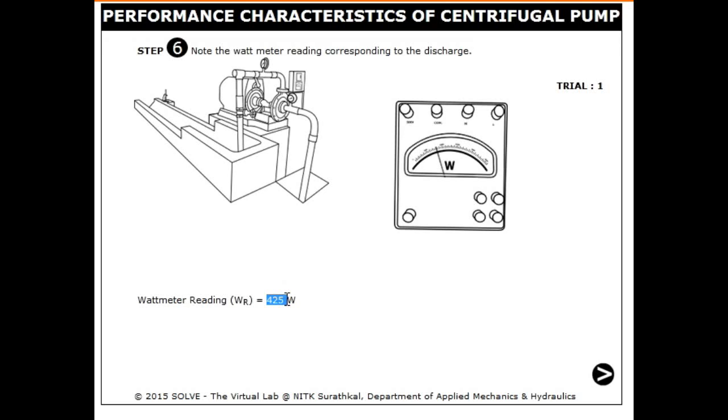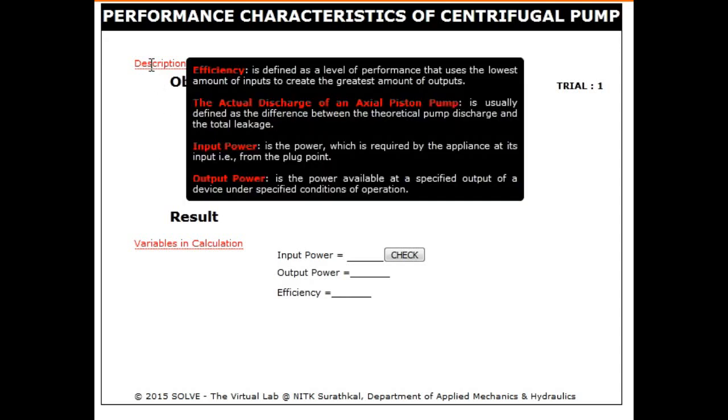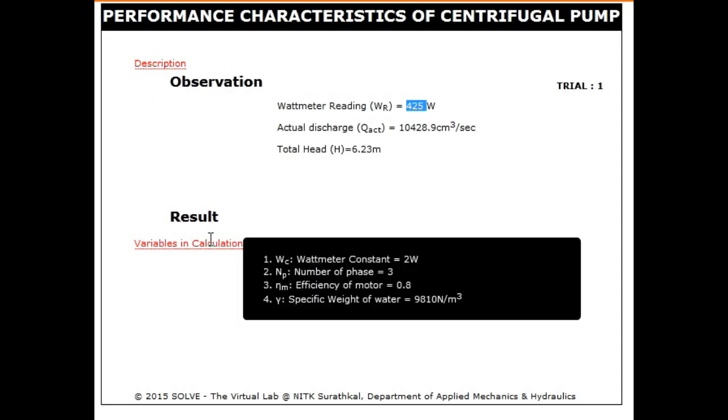The next step: these are the observations which are used to calculate total power consumed. This is the watt meter reading. Then there are some constants and variables: watt meter constant, number of phases that the motor is running on, efficiency of the motor, and specific weight of water.